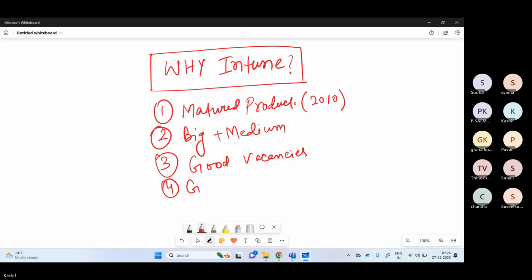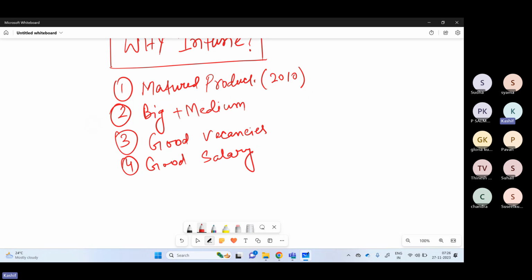Good salary as well. Those who are in the US, Canada, or Australia can expect a salary of 45 US dollars per hour.